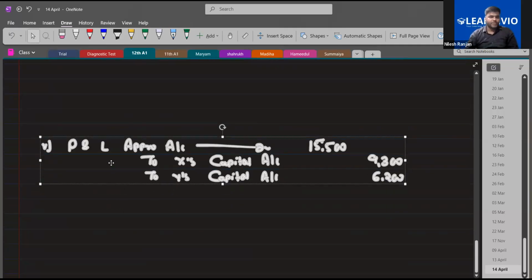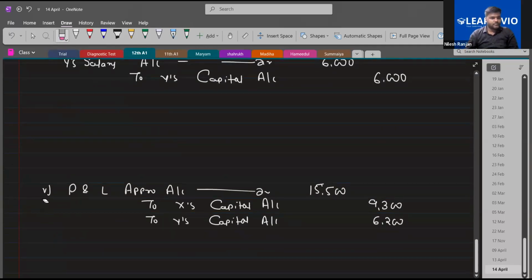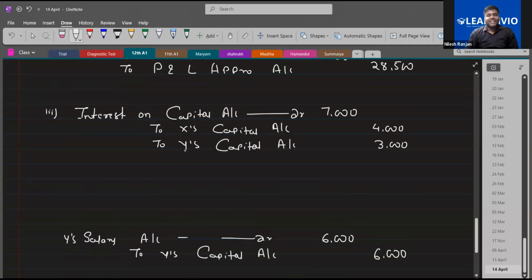Okay, so this is our entry. Looking at the journal entry, it feels easy, but I think I will definitely face some difficulties maybe while trying it out. Okay, interest on capital account debit to X capital to Y capital.